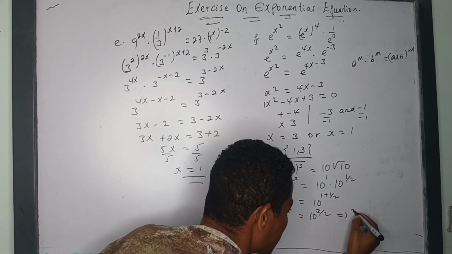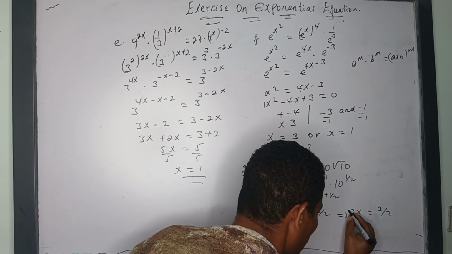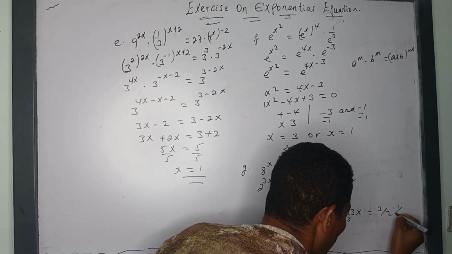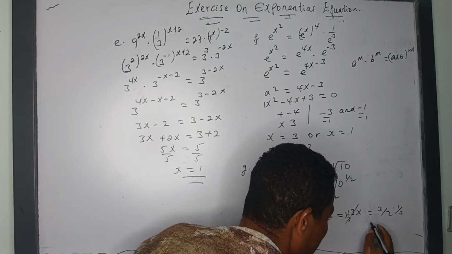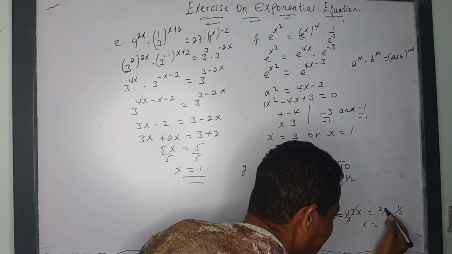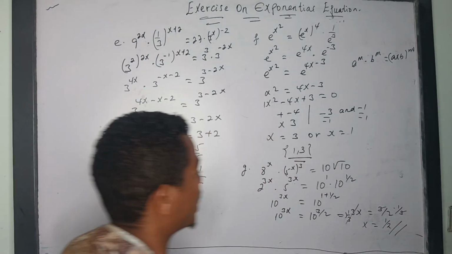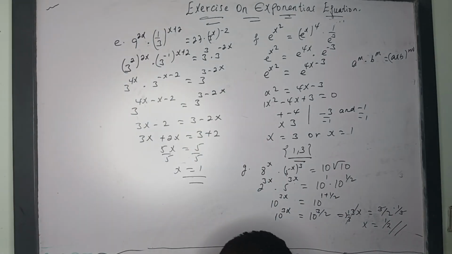This implies 3x is equal to 3 over 2. Both sides multiplied by 1 over 3, 3 cancelled by 3, x is equal to 1 over 2. Okay.